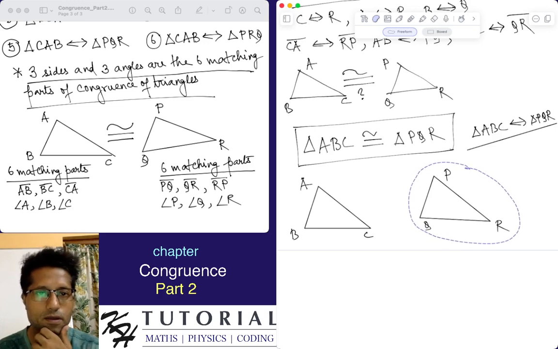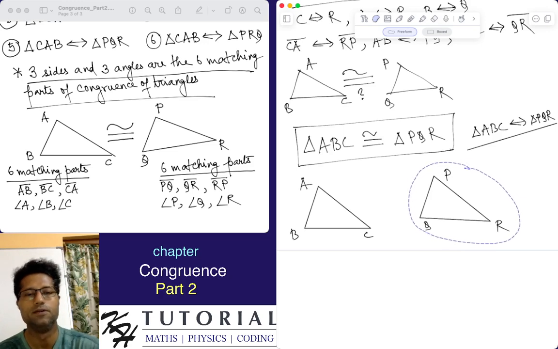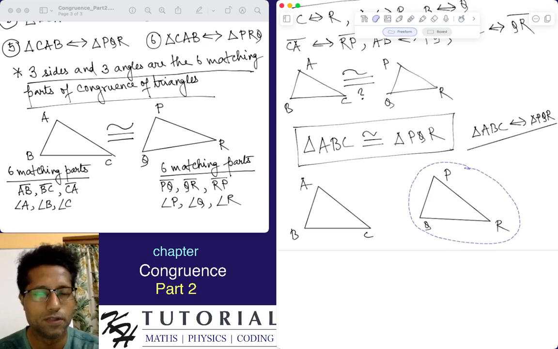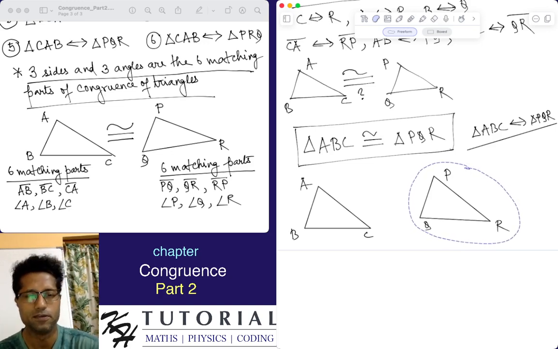So in determining the congruency of 2 triangles, we need to match 6 things, that is 3 sides and 3 angles.